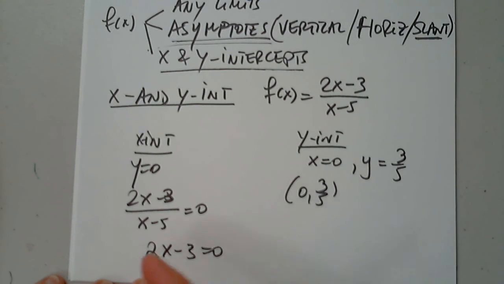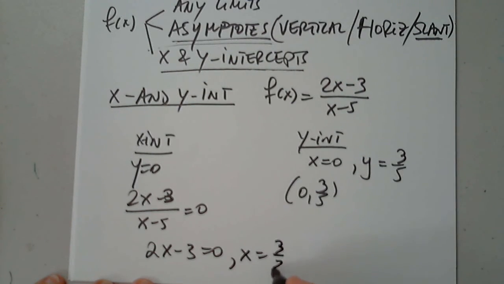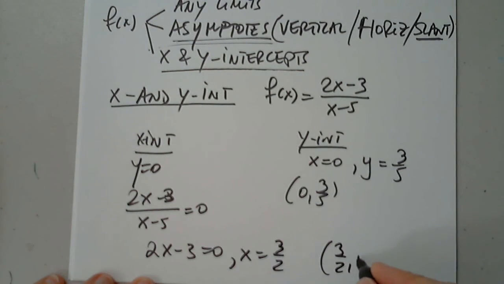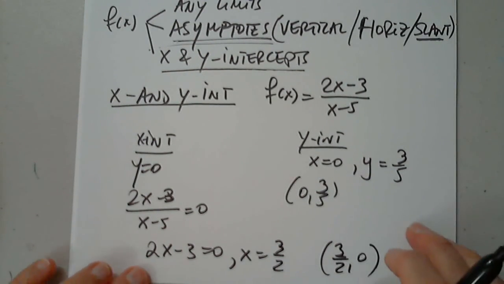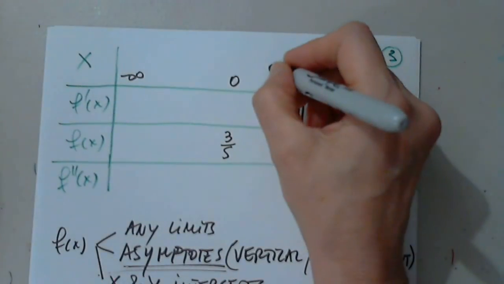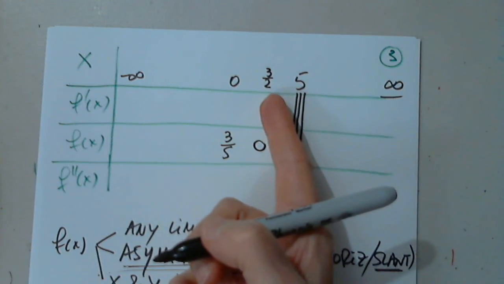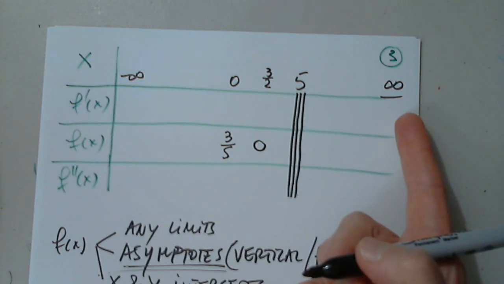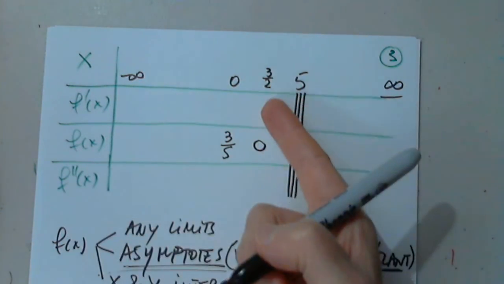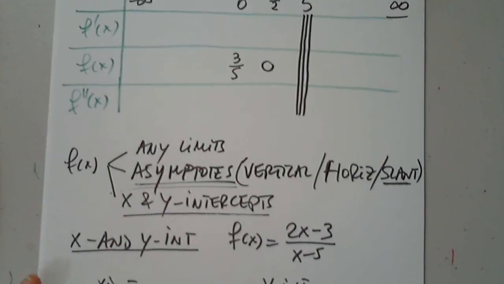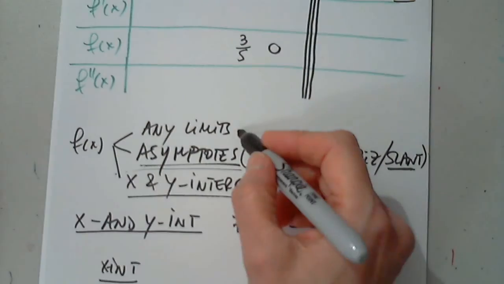We move 3, divided by 2. X equals 3/2. So 3/2, 0. I found something. I place 3/2 exactly where it belongs, and I place the 0 under it because that's where f of x is. Good.